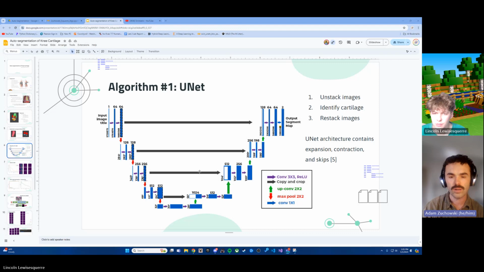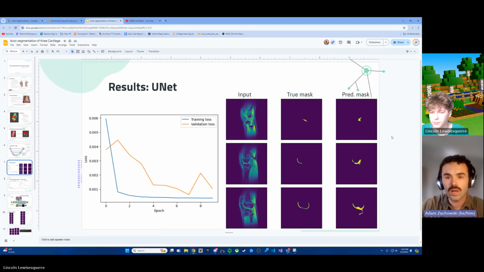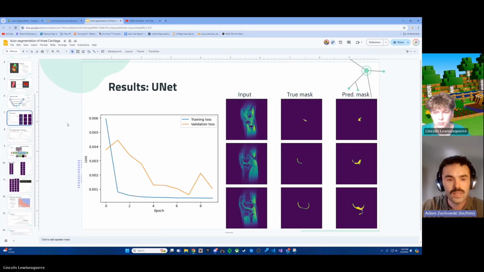For our network, we decided to simplify things by taking our MRI, breaking apart the three-dimensional stack into two-dimensional slices, identifying the cartilage in each slice, and then recombining the images into 3D. On the left here, you can see the plot of the loss over the training time.